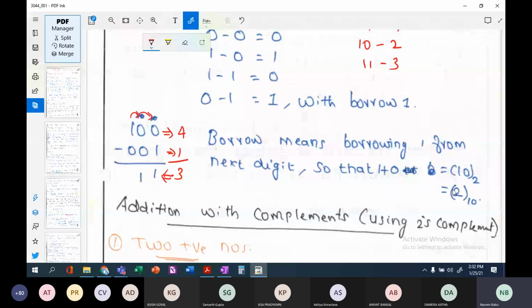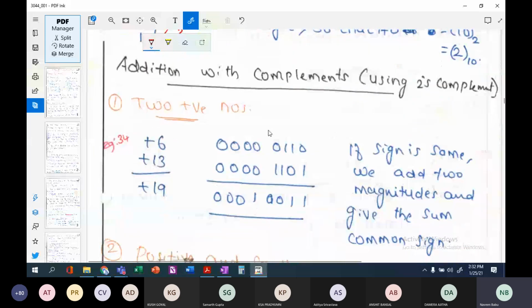You can also perform these subtractions by using additions, or perform them using complements. In this particular case, you can perform two's complement addition. We have already studied that two's complement makes it easier to represent negative numbers, but you can perform additions also using two's complement.